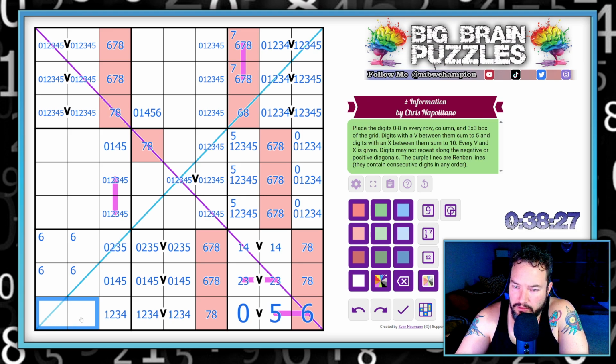But if it was right here, I was just thinking if the 7 or 8 is right here, it would make these two not play well with each other. Okay.